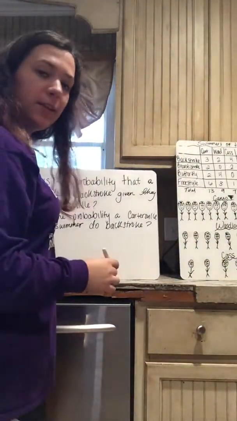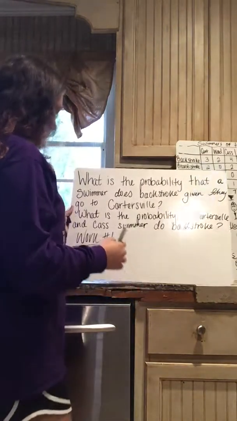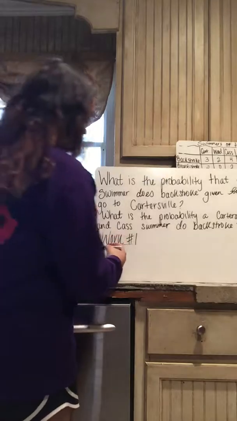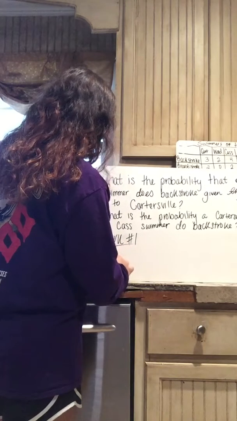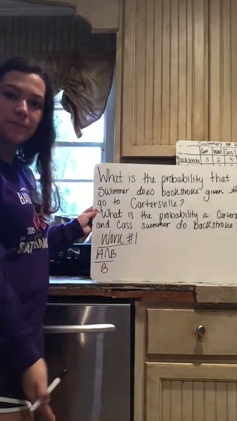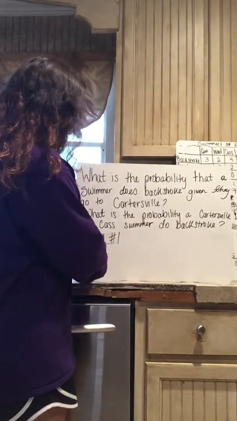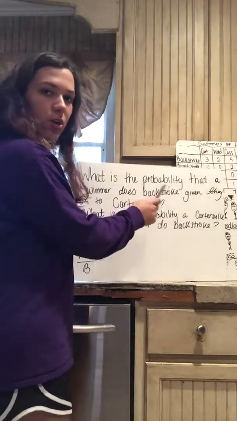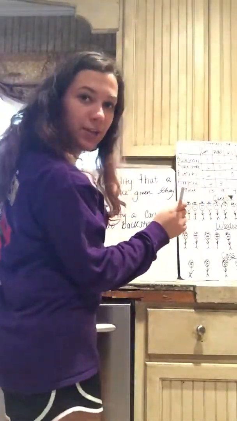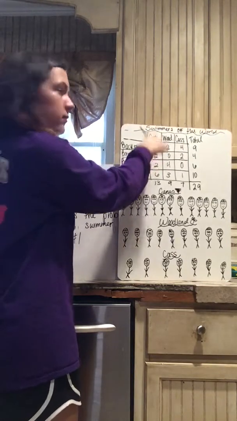So because it says given, you have to do the formula. And that would be P(A given B) equals P(A and B) over P(B). So A and B is going to be a swimmer that does backstroke given that they go to Cartersville. So you match it up on the frequency table, which is right there and right there.